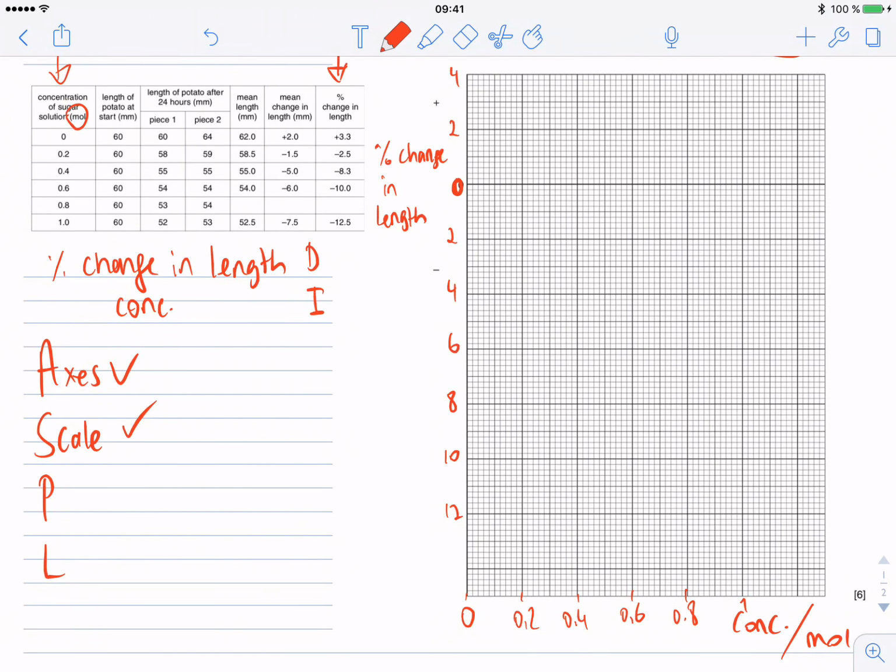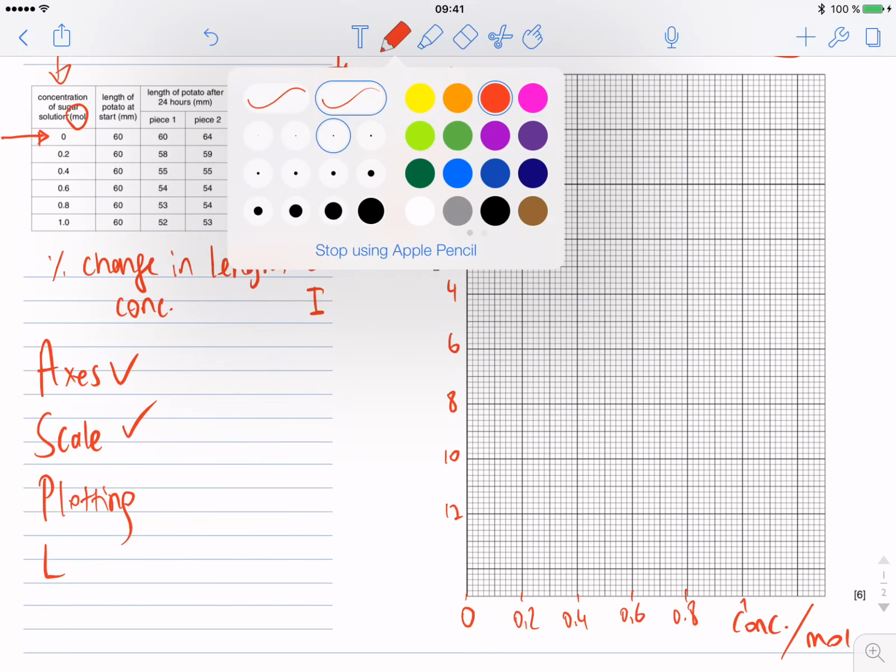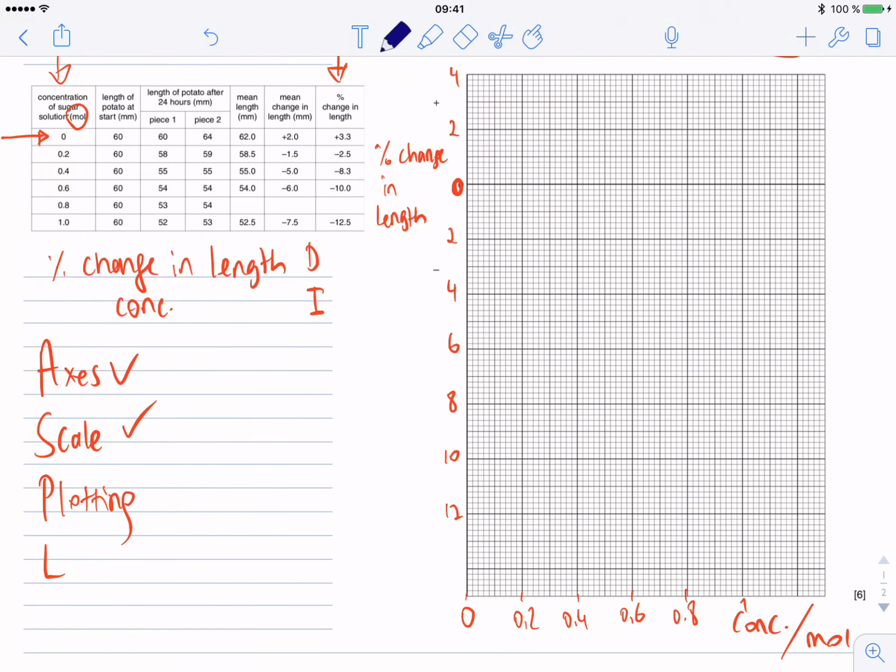Now step 3, plotting. Plotting the data correctly. Okay, check out the table. For 0 concentration, the percentage change in length is 3.3. For 0 concentration, let me plot it with a different color. So for 0 concentration, it's 3.3. So that will be here.